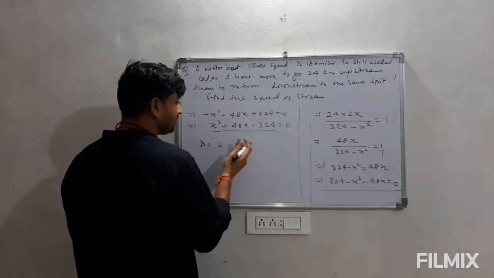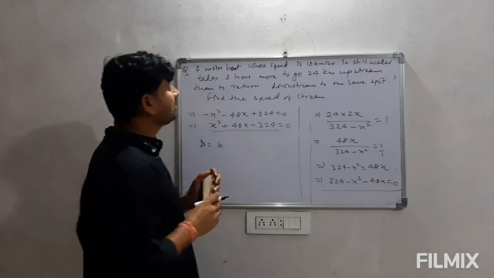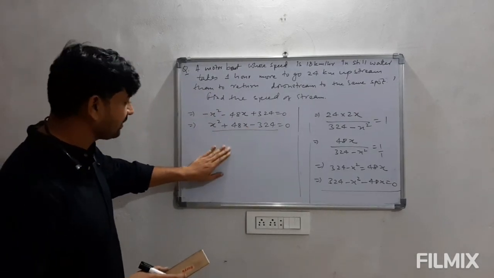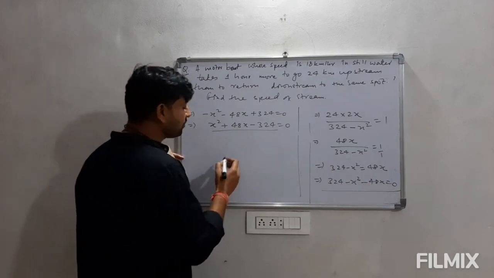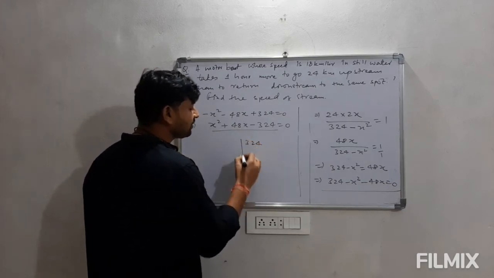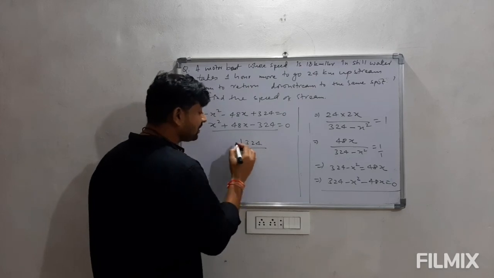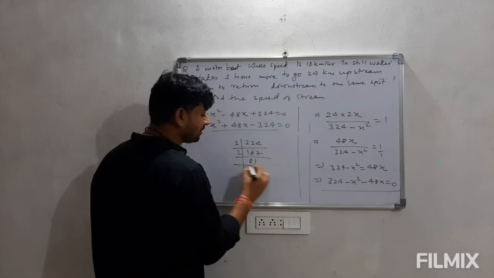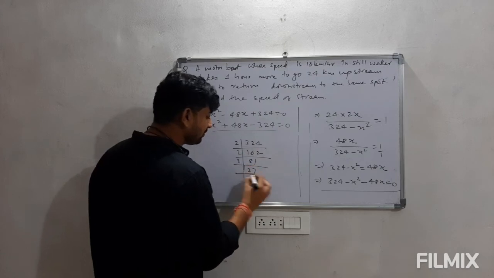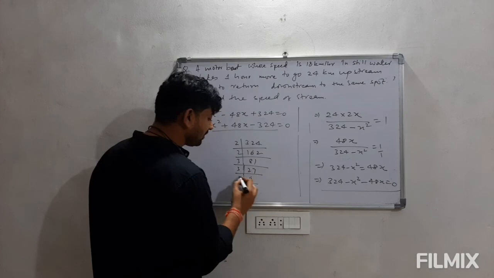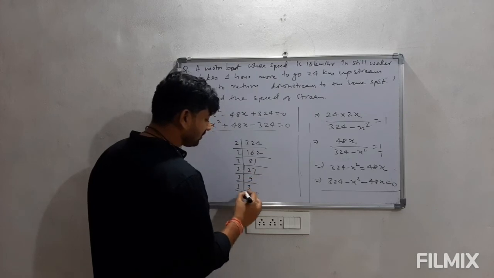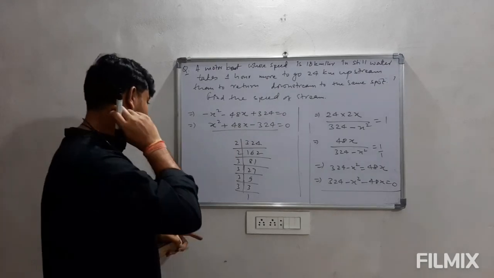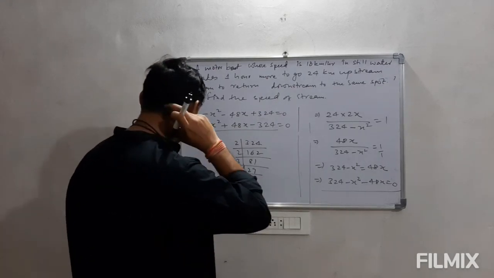Here it is very simple if we go through the factorization method, as in the calculation the discriminant will be more. So if we try to get the factors of 324, what we can have here is 162, then we have 81, then 27, then we divide by 3 again, we get 9, then 3, then 3 again. Now we have b as 48. We need 48 here, so what do we do?